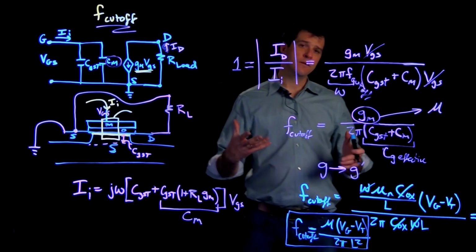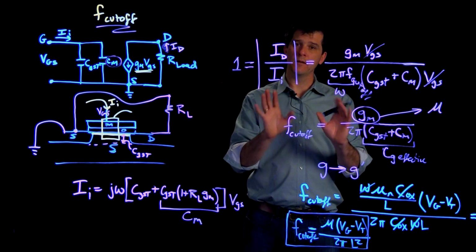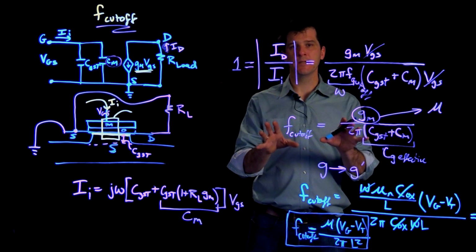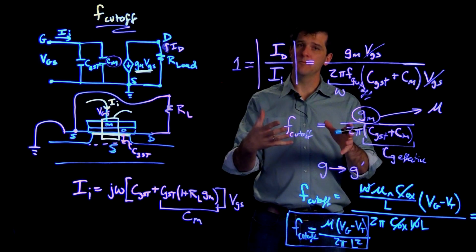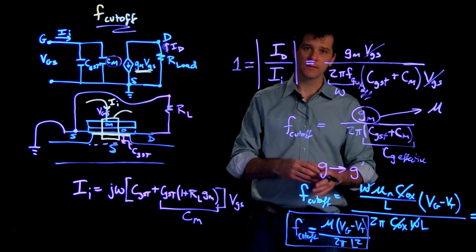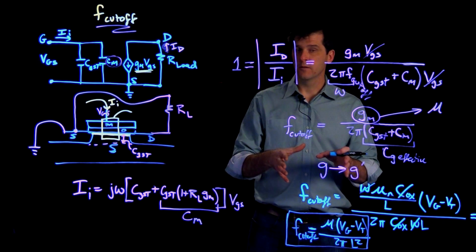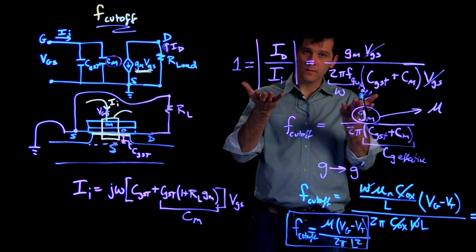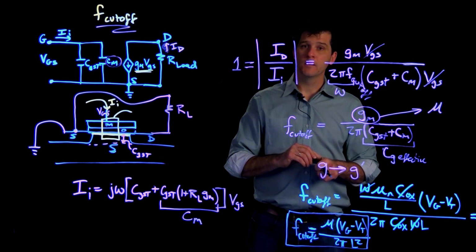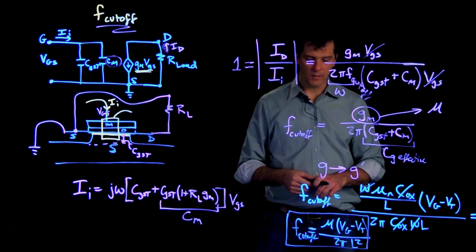So in the end, the length of the channel does enter into the equation, but again, I'll highlight that it's not because of the transit time of carriers. It's actually more a geometric effect, as you can see from this expression. It has to do with the gate's ability to pull carriers into the conducting channel rather than the time it takes for them to cross.